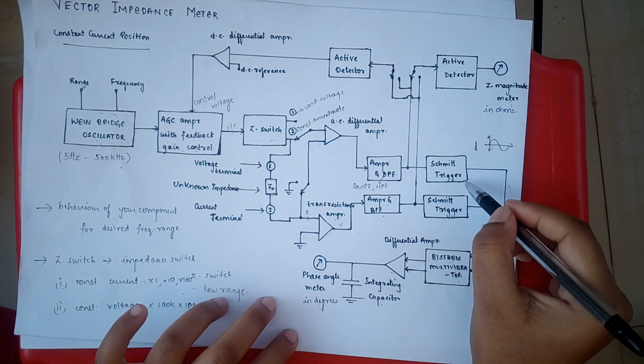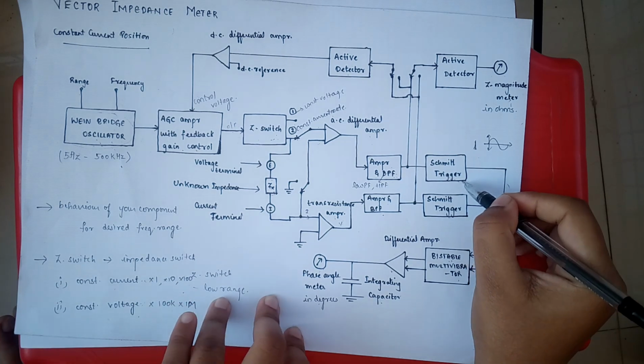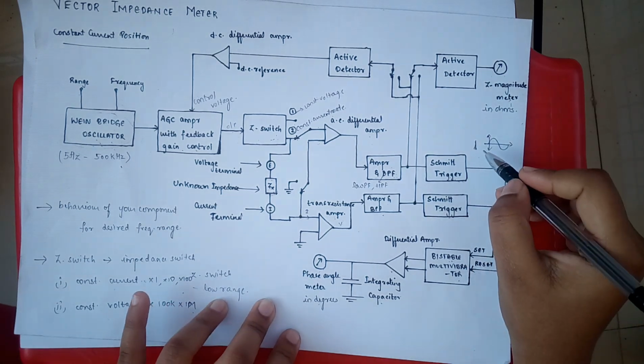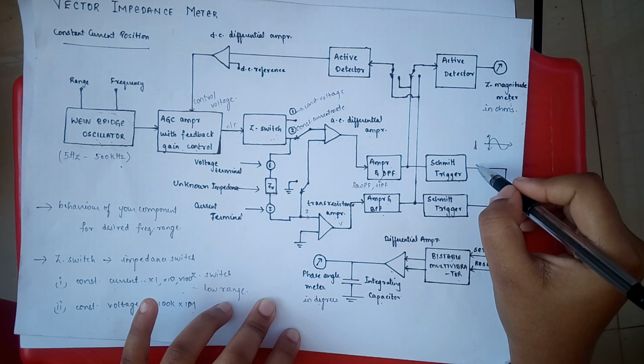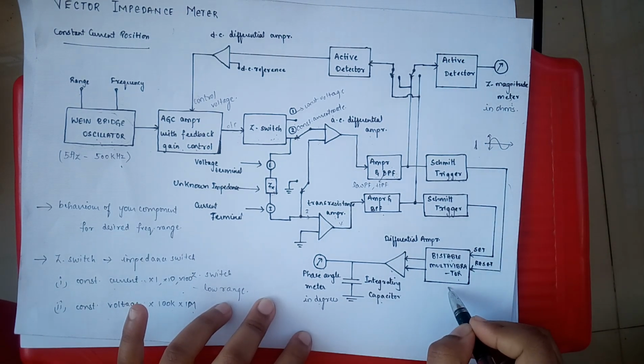Following, you have a Schmitt trigger. This Schmitt trigger works to produce positive spikes. In other words, it produces triggers for your bistable multivibrator.